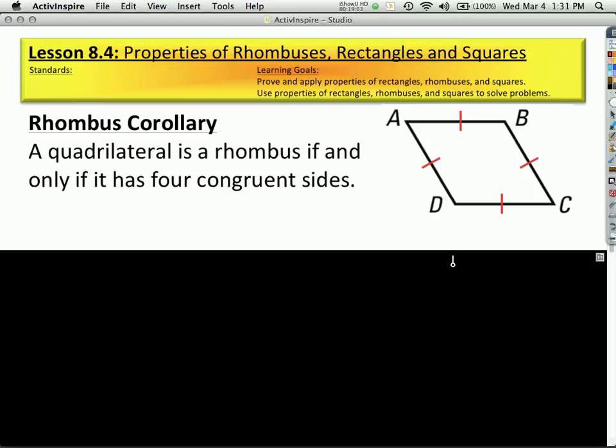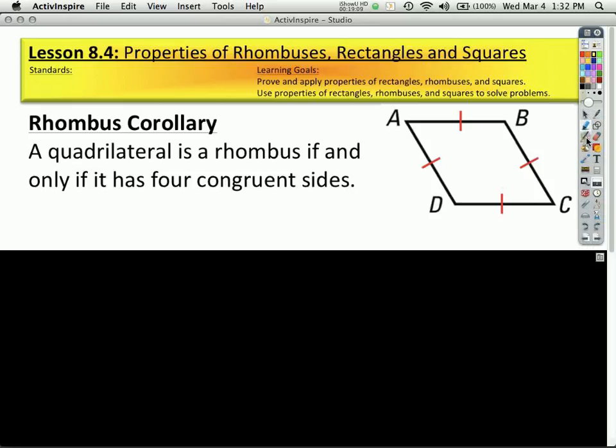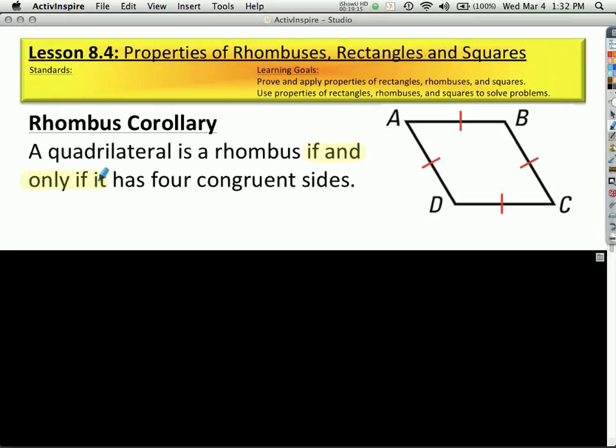A quadrilateral is a rhombus if and only if it has 4 congruent sides. This is on your cheat sheet, so there's nothing to write down, but I want you to make a mental note that this is written as a biconditional, which means that it works in both directions, forward and reverse. So, a quadrilateral is a rhombus if it has 4 congruent sides. If a quadrilateral has 4 congruent sides, then it's a rhombus.